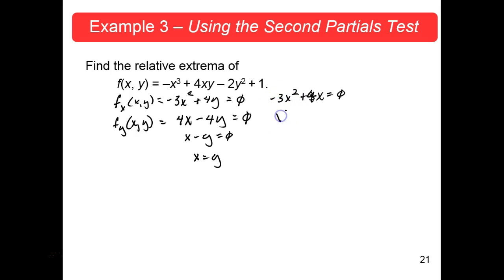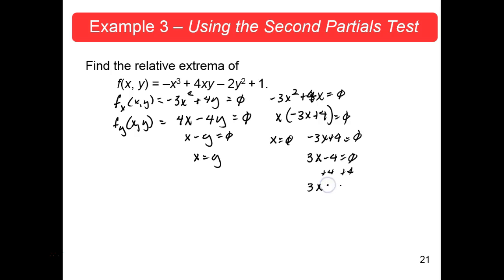Factor out an x, and you have x times minus 3x plus 4 equals 0. So that would be true at x equals 0, or at minus 3x plus 4 equals 0, which I'm going to rewrite as 3x minus 4 equals 0, and add 4 to both sides, and get 3x equals 4, x equals 4/3.